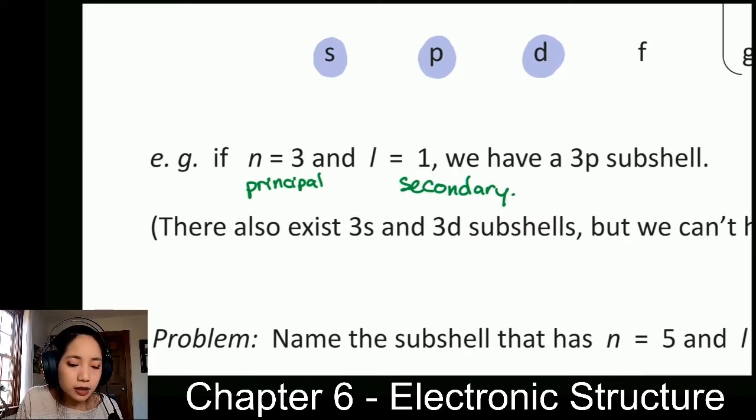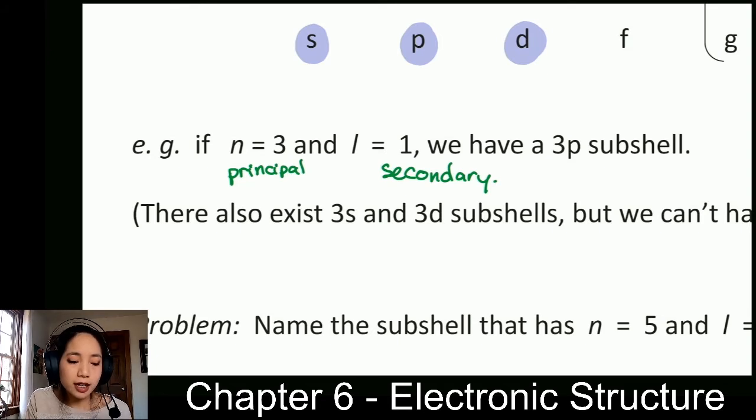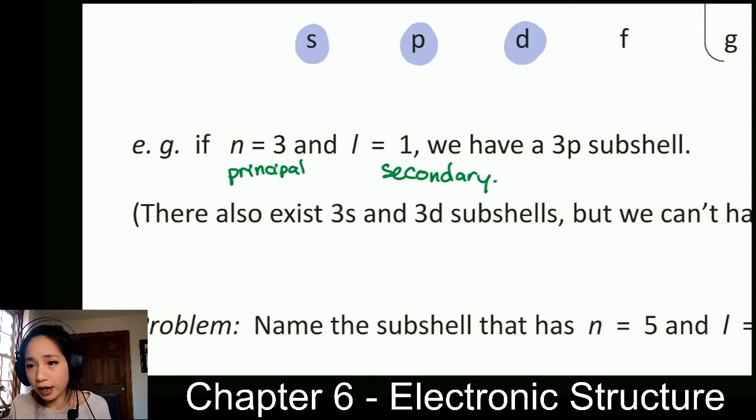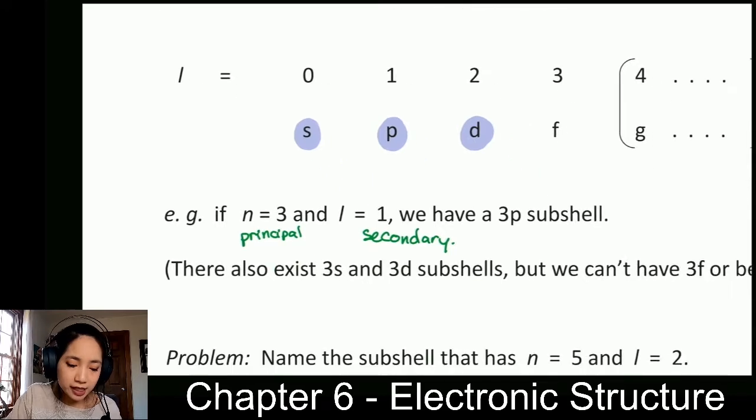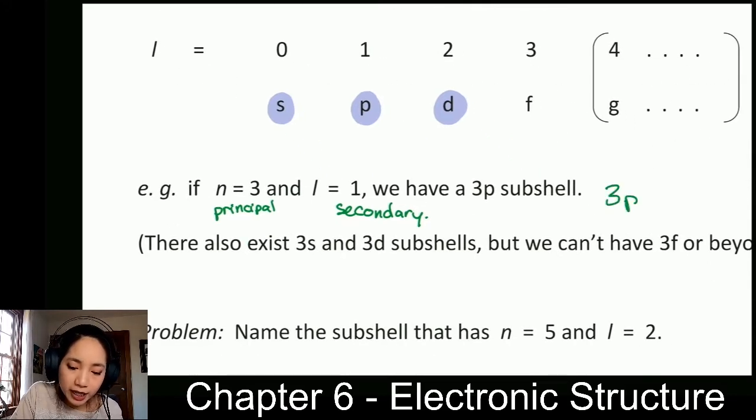So typically we write the principal quantum number at the beginning and then the shape of the orbital after it. For example, if we have an electron in the third principal energy level and its L value equals 1, remember an L equals 1 is a p orbital shape, so we would write this as a 3p orbital or 3p subshell.